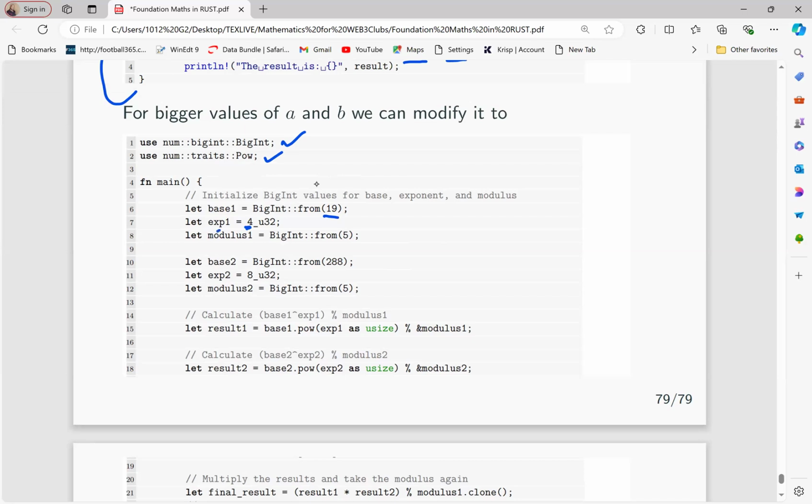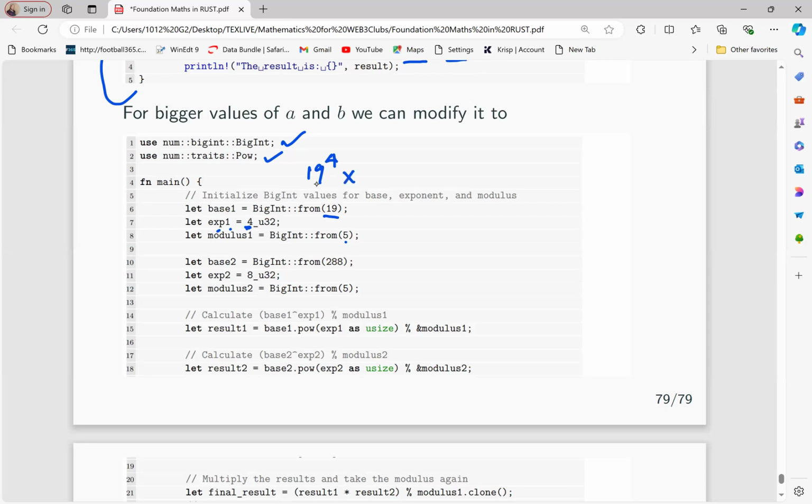So the base, my first base, base 1: let base 1 be this big integer, and I'm using 19. And then let the first exponent, exponent 1, be 4, mod 5.